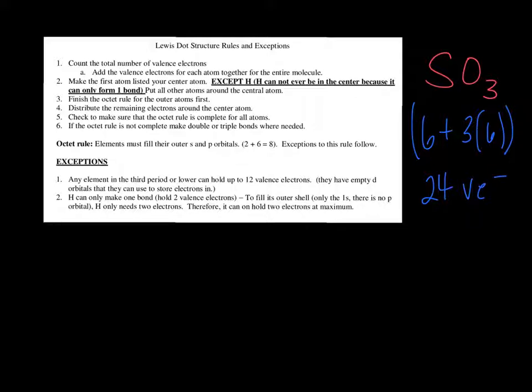All right, so sulfur will go in the middle, and then I have to add in 1 oxygen, 2 oxygens, 3 oxygens. And so out of the 24 valence electrons, I have used 6 so far. After you put all the atoms around the central atom, we have to finish the octet rule for the outer atoms first. Now, we didn't have to do this in the past 3 structures because hydrogen were the outer atoms and all it can do is bond.